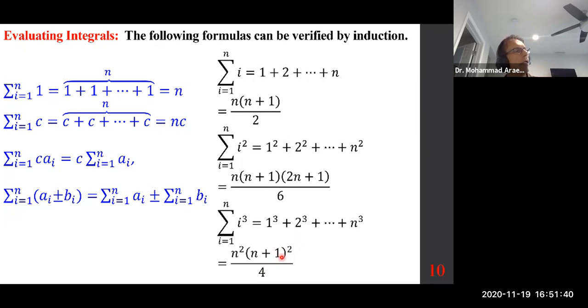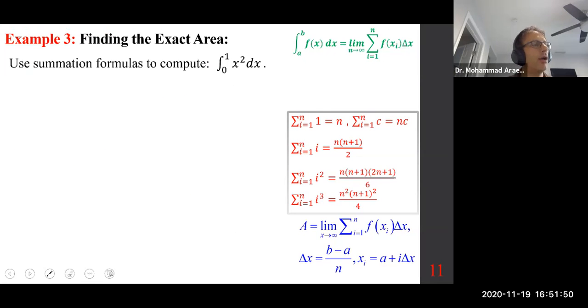So you can use those formulas to evaluate the definite integral. And that's what we are going to do in this section. However, as of next section, we are using the limit, just as we did with the definition of a differentiation, we used limit. Everybody remembers that. So we are going to do the same thing here.